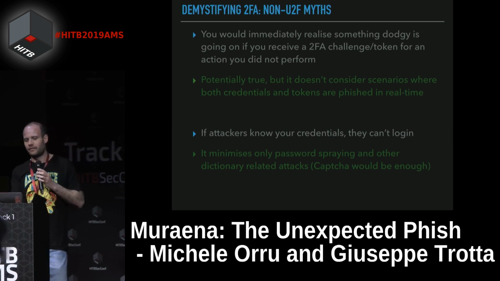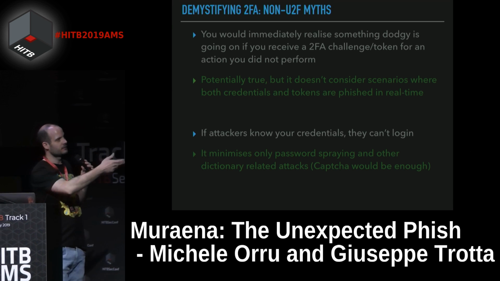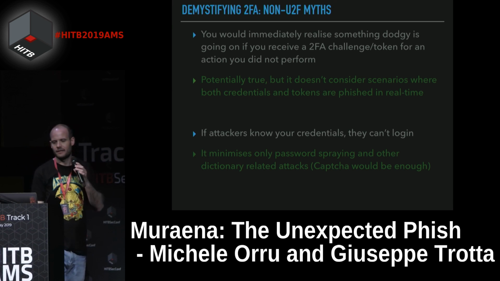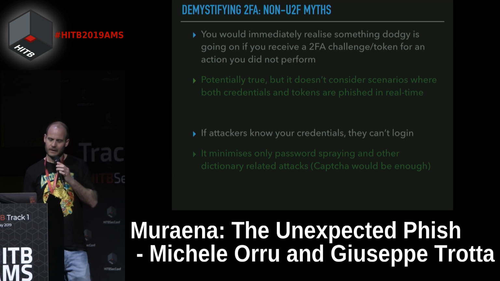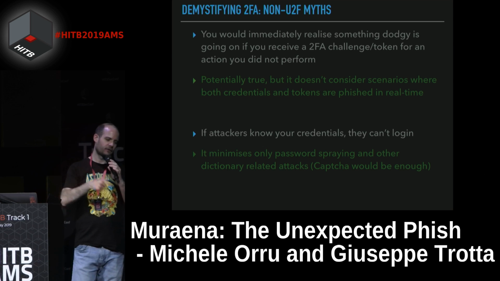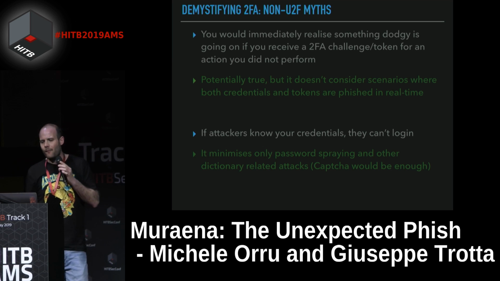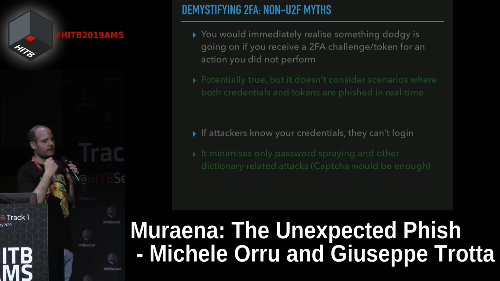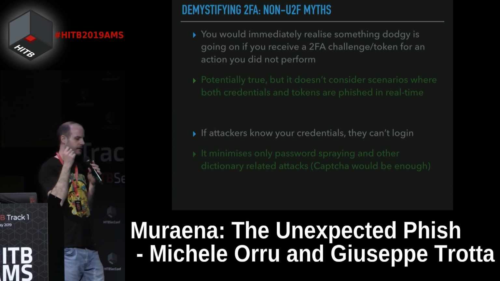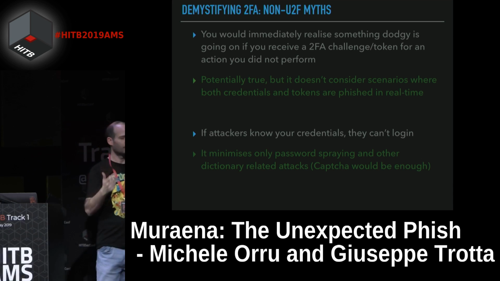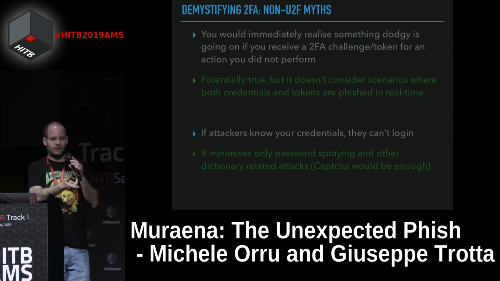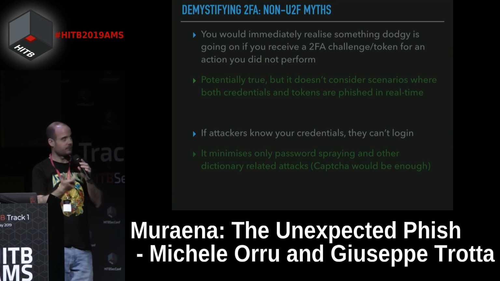Because, in fact, 2FA is only minimizing password spraying, for example, like the fact that if the attacker doesn't know your second factor, the credentials cannot authenticate. And also the fact that if you receive an unsolicited token, and if you didn't do the authentication action, you might think that something dodgy is going on.